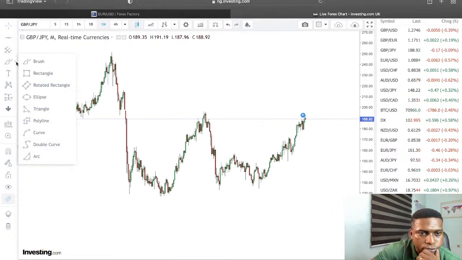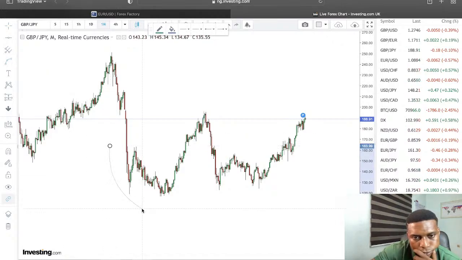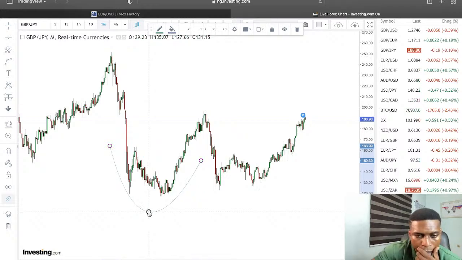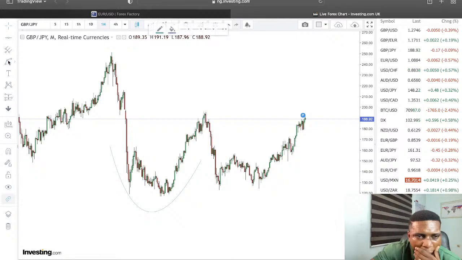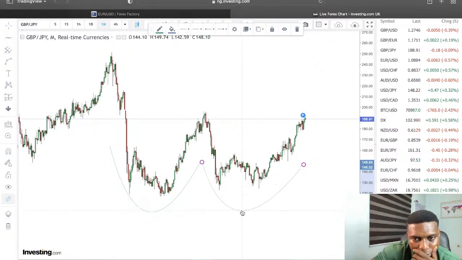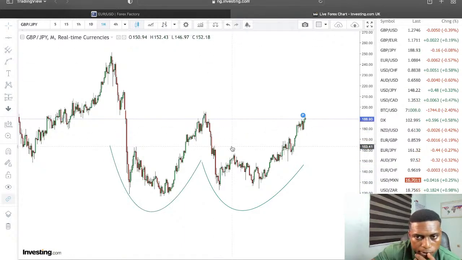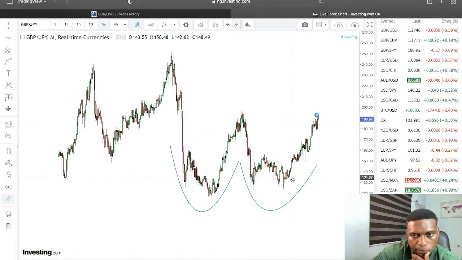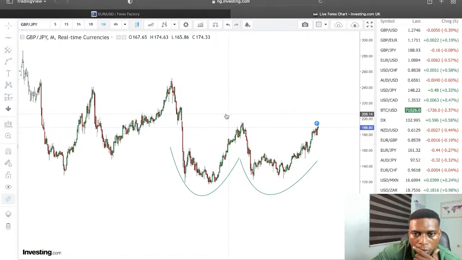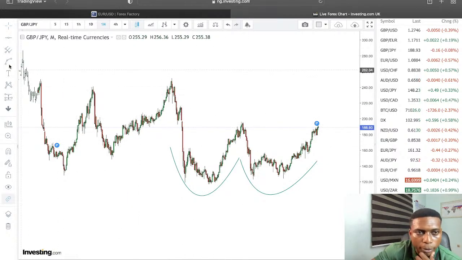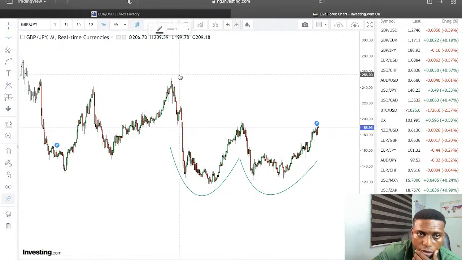So what can we see overall here? There is so much of an upside momentum on GBP JPY.